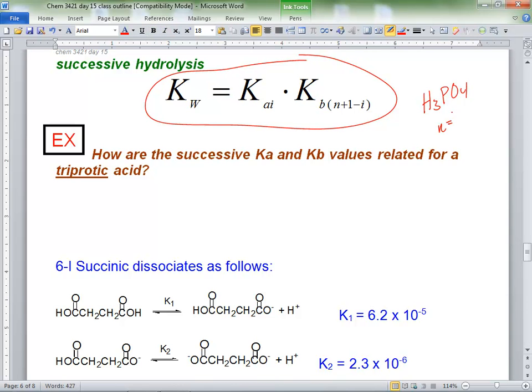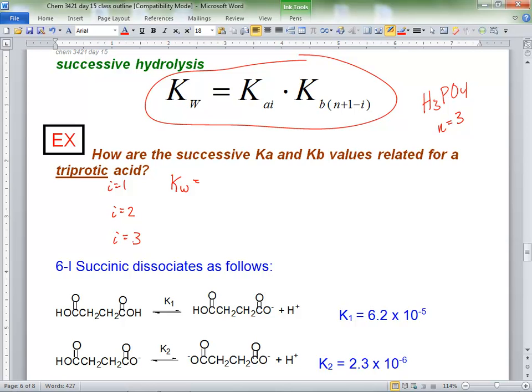If I have H3PO4, my little n, my number of acidic hydrogens, would be what? 3. Okay, so let's use the equations. My Kw equals, first we have to do i equals 1, then we write another relation for i equals 2. The little i is my counter, and it's going to go all the way up to 3.